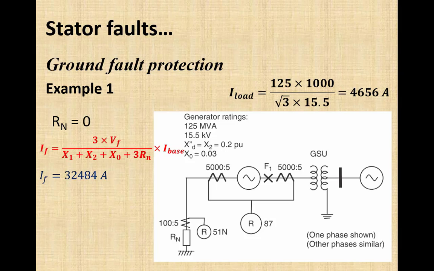Now against this much high fault current, the current that we get on the secondary side of these CTs would be 32.5 ampere.